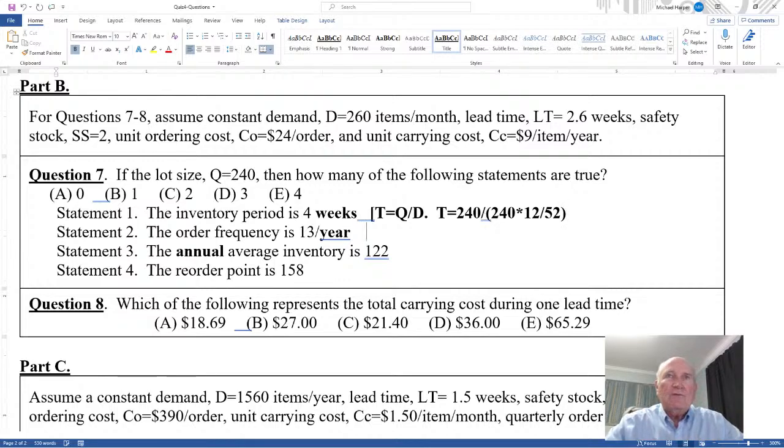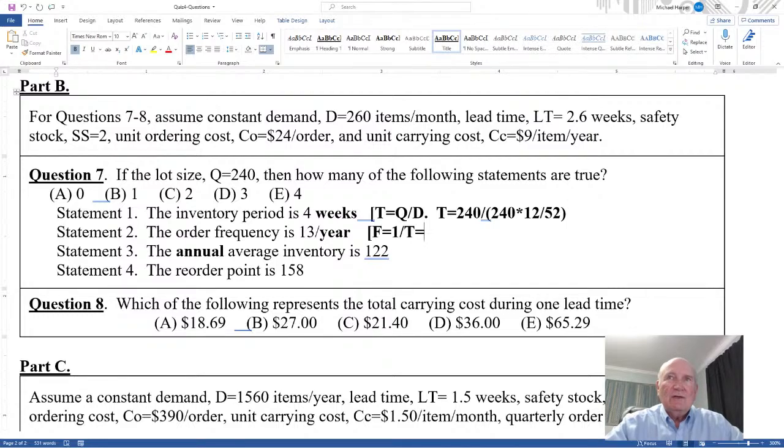Okay, here I want my order frequency, which is 13 per year. Well, again my frequency is going to equal 1 over my inventory period, but that inventory period is in weeks. Okay, and if I want that in years, then I would divide that by 52. I guess I could do this a lot of different ways, couldn't I?